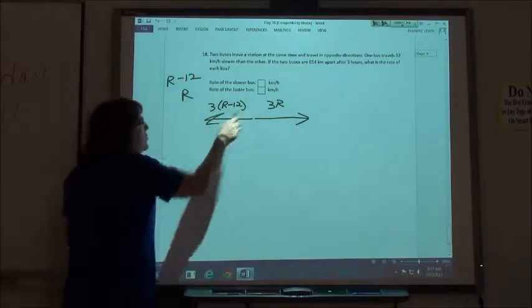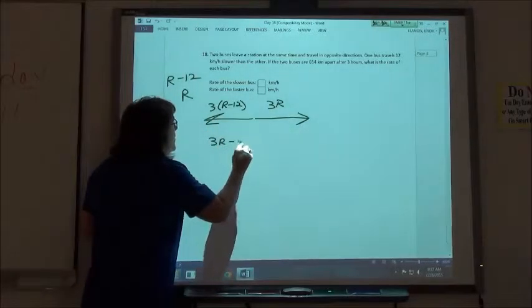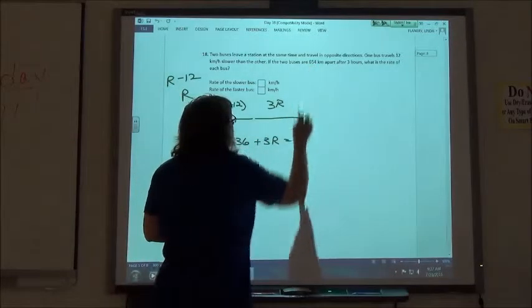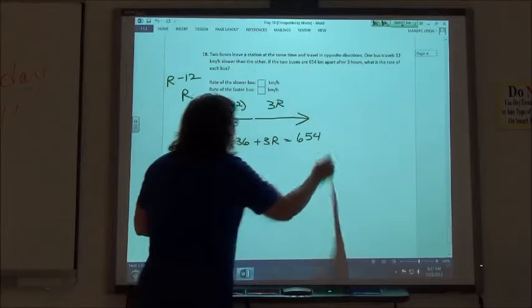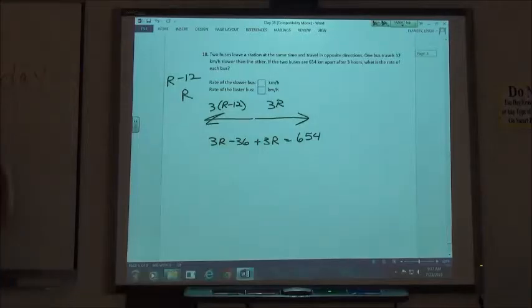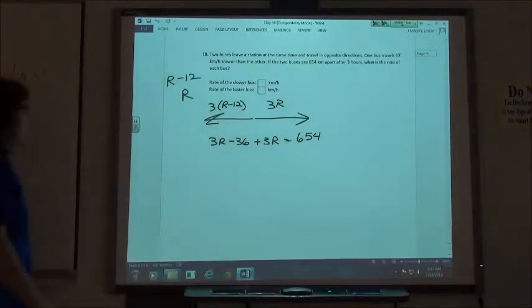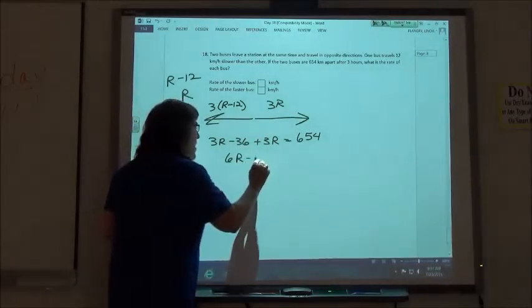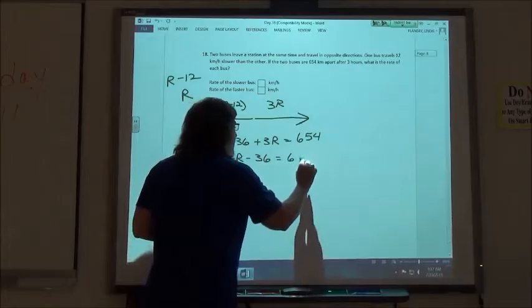So if I distribute that out, 3R minus 36 plus my 3R is going to equal the total distance they are apart, 654. So 3R plus 3R would give me 6R minus 36 equals 654.